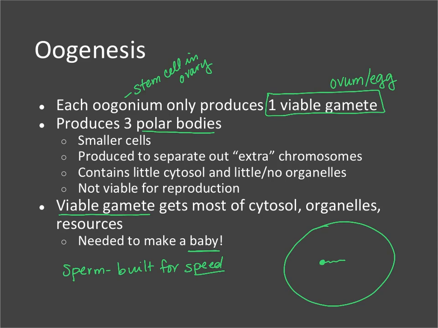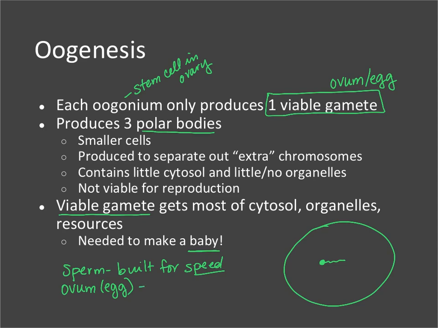All right, so the ultimate goal of a sperm is just to deliver a package of DNA from the male's body into the female's body so that it can get to the egg. Its only job is to transport that DNA. Once it transports that DNA to the cell, its job is done. The ovum, however, and the ovum is just another word for the egg, is responsible for essentially everything else.